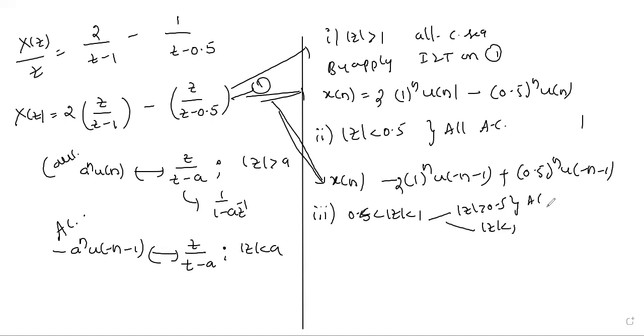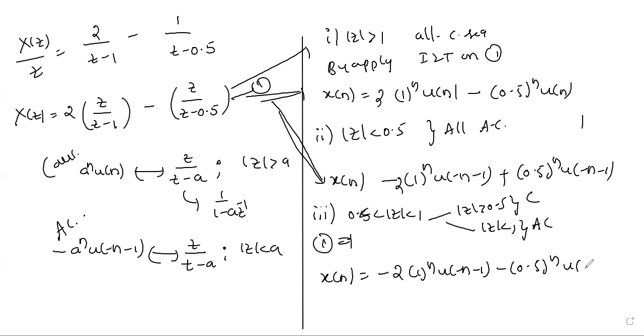Greater than 0.5 corresponds to causal, so for that we have to select causal, and for the other we have to select anti-causal. From the same equation 1, since mod z is less than 1, the inverse is anti-causal: minus 2 into 1 power n u of minus n minus 1. And mod z greater than 0.5 means we have to take a causal sequence for this: minus 0.5 power n u of n.